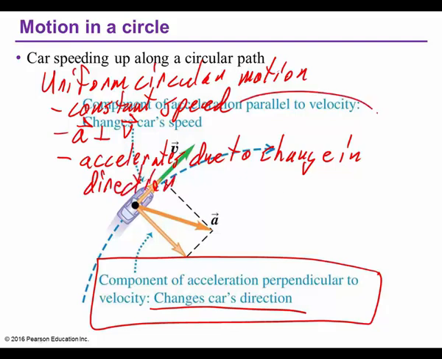So that is how we have acceleration. So you've got changing direction. So here is one exception to what I've been telling you. Well, if you've got constant speed, you don't have acceleration. Well, you do if you're going in a circle.